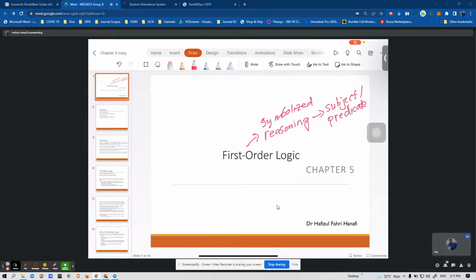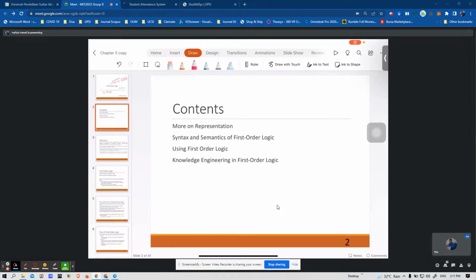The contents cover more on representation, syntax and semantics, using first order logic, and knowledge engineering in first order logic.